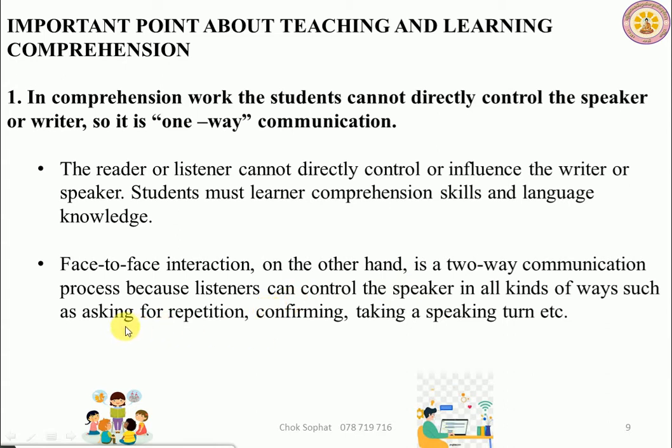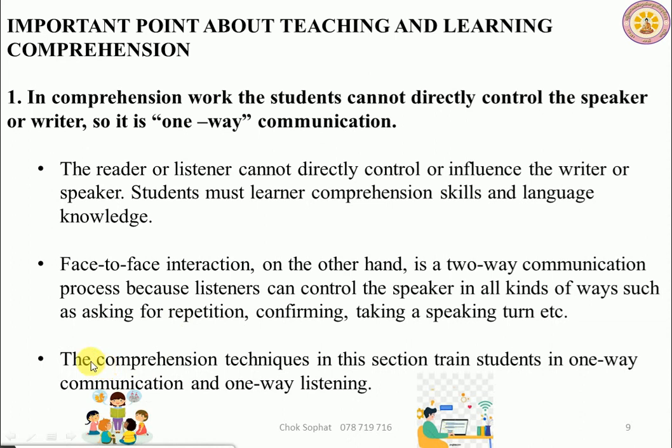The listener can ask the speaker to repeat, to confirm, to take the speaking turn, or to speak loudly or clearly. The comprehension techniques in this section are meant to train students in one-way communication and one-way listening.